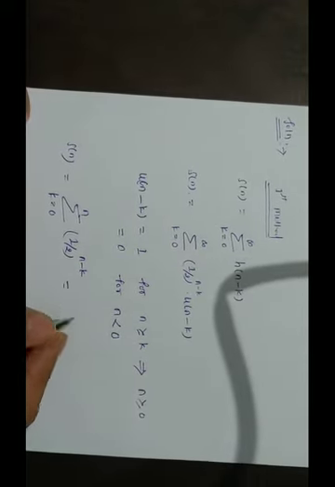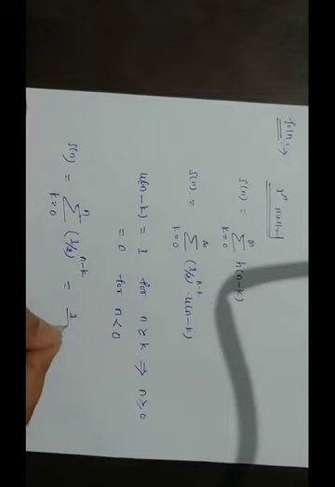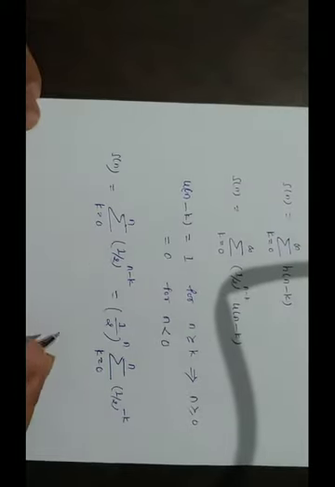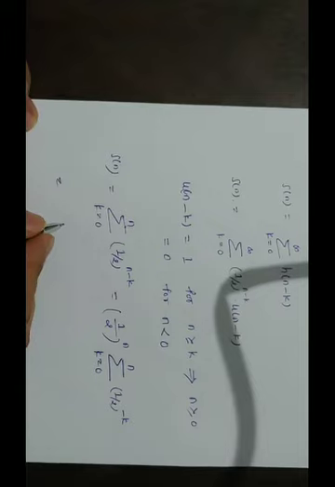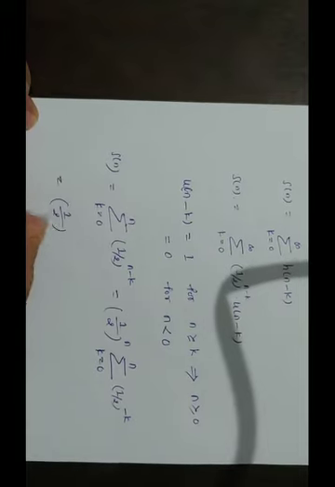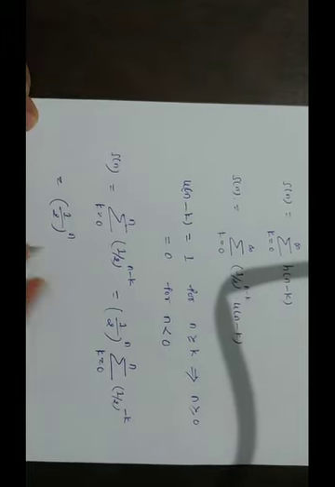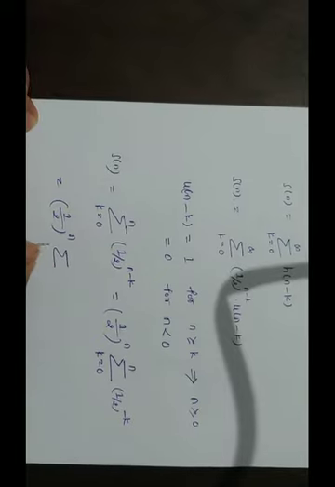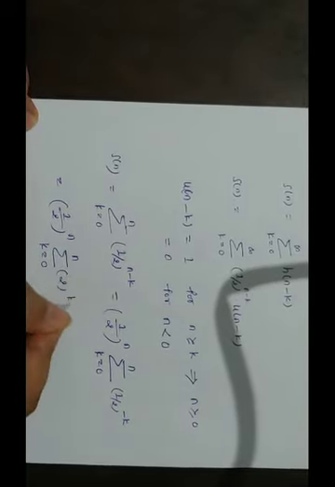Let us bring 1 by 2 to the power n outside, because it is a constant quantity. Then inside what is left is summation k equal to 0 to n of 1 by 2 raised to minus k. 1 by 2 raised to minus k can be written as 2 to the power k, summation of k equal to 0 to n. So then it becomes 2 to the power k.